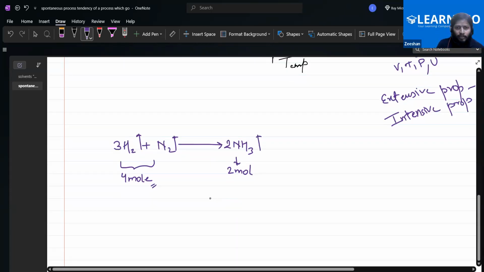Let's take another example. So tell me, here entropy increased or decreased? Decreased.